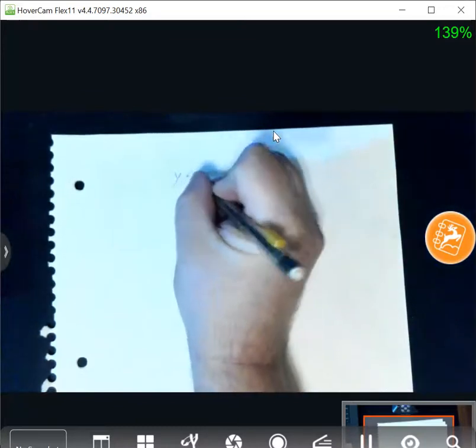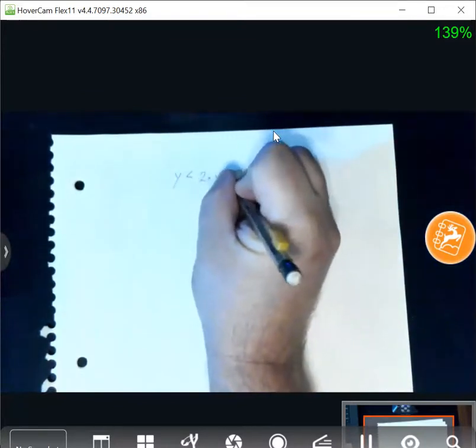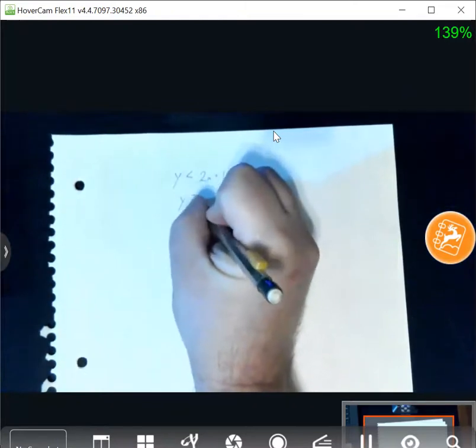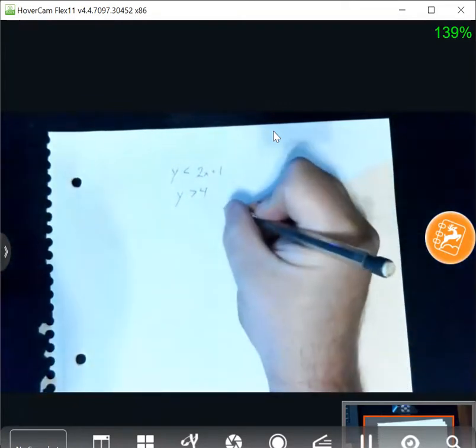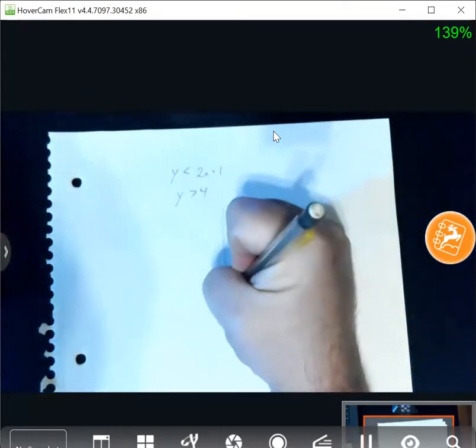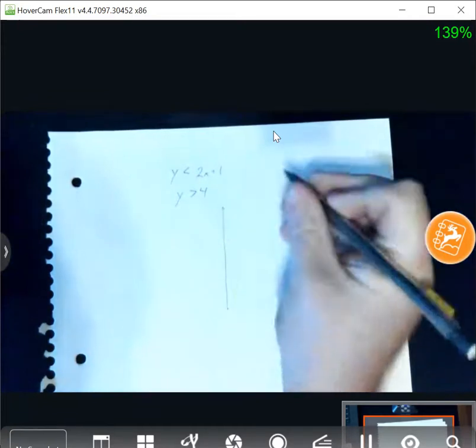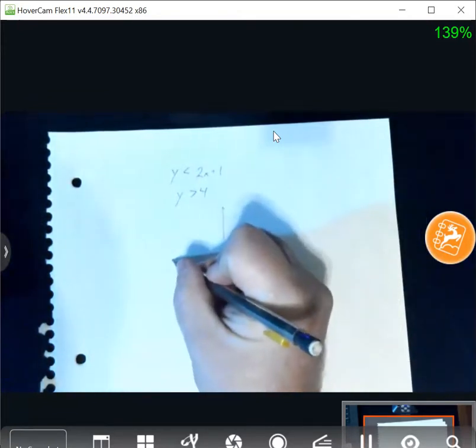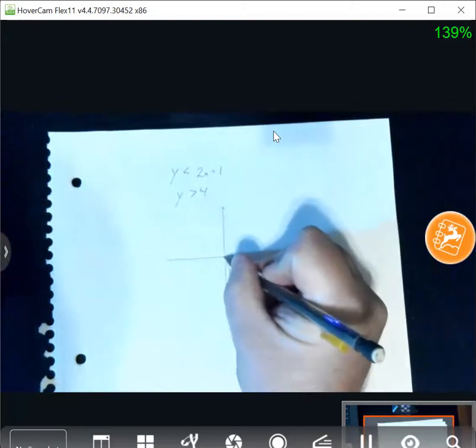So let's take a look at y is less than 2x plus 1 and y is greater than 4. So we're going to do the same thing. We're going to start by graphing them. Again, pretending that they're just equals, using whatever tricks we have from Algebra 1 to graph. These are just linear equations after all.